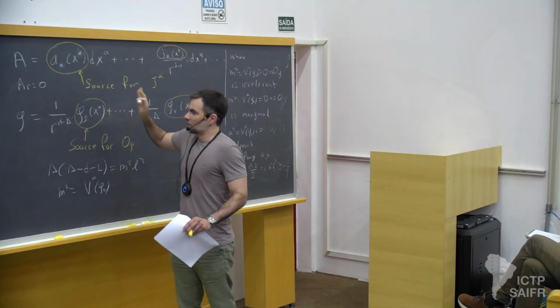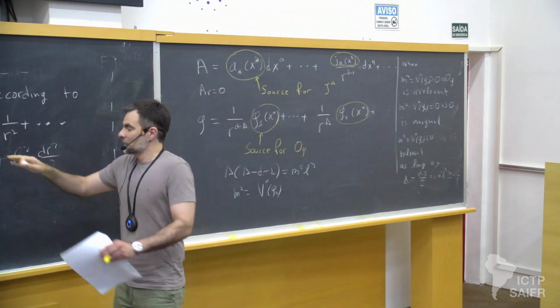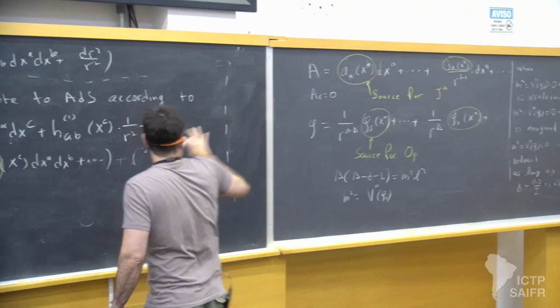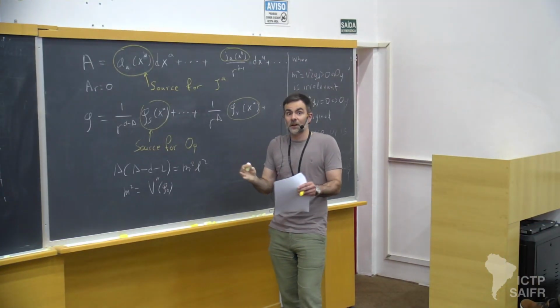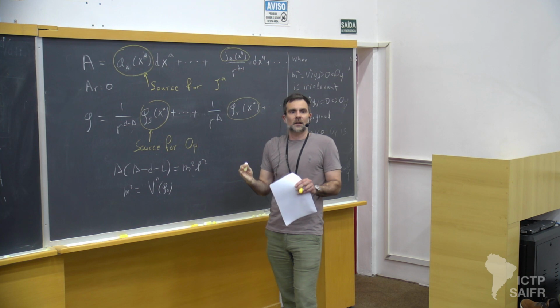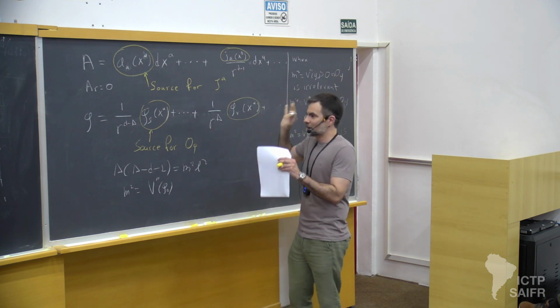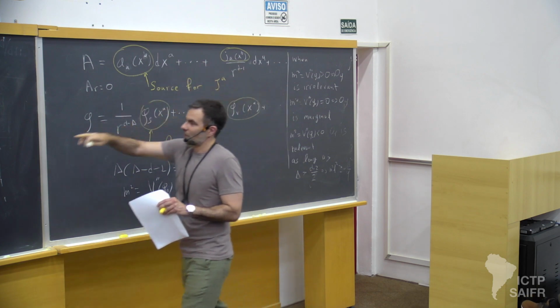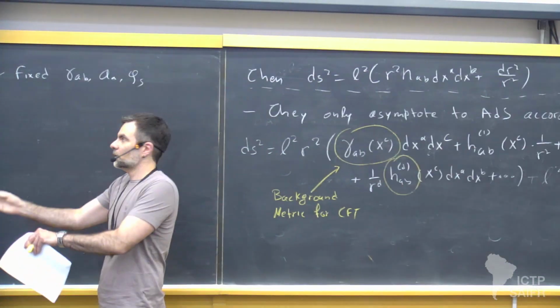You can fix the sources, and put whatever you like in these other constants of integration, but in general you will get something singular in the bulk. So if you want to get something regular in the bulk, you have to fine-tune these constants of integration so that everything becomes nice and smooth at the horizon.